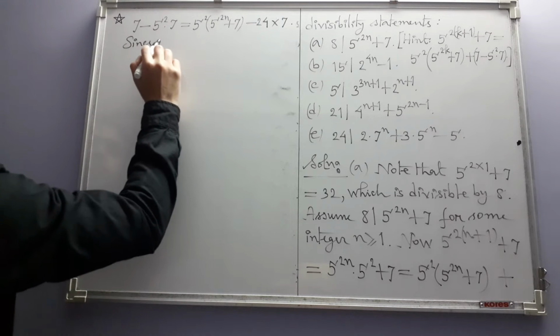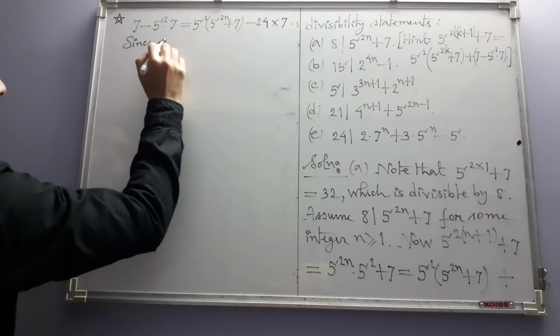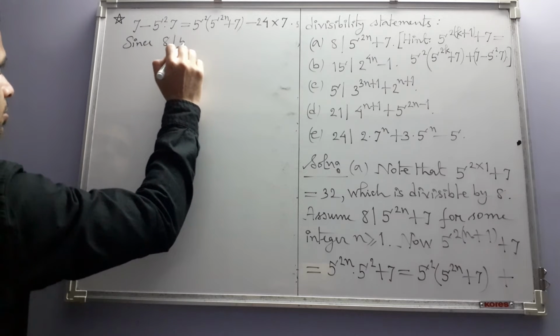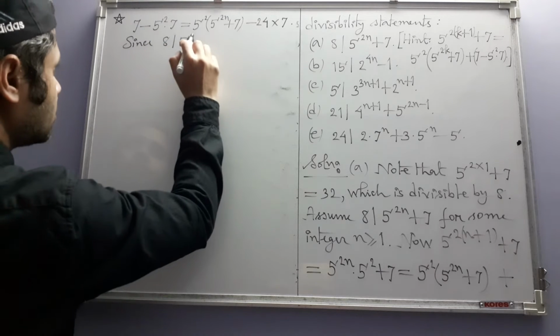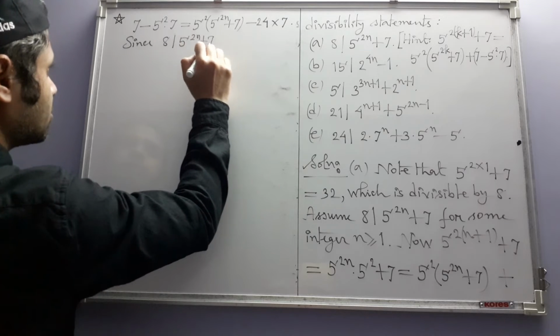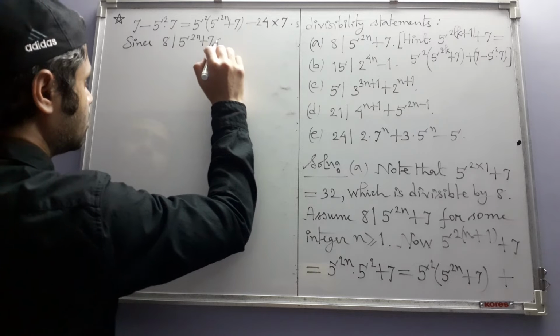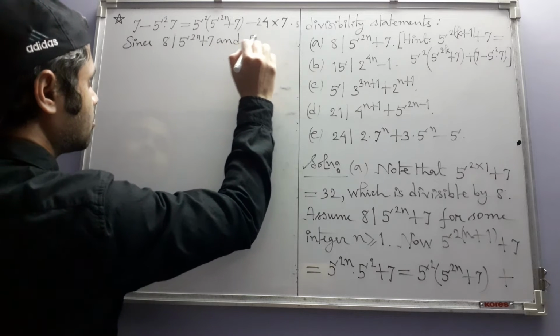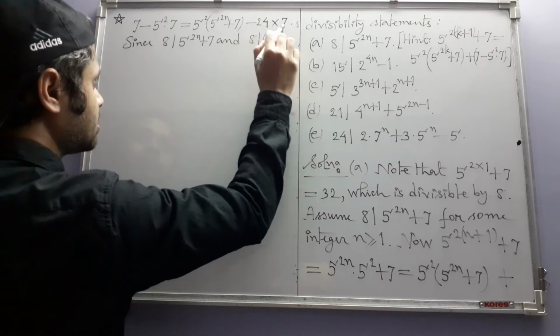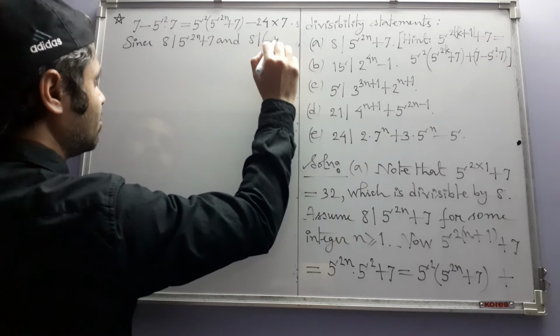Since 8 divides 5 to the power 2n plus 7, this is our induction hypothesis. And 8 also divides this second term, because 8 divides 24.